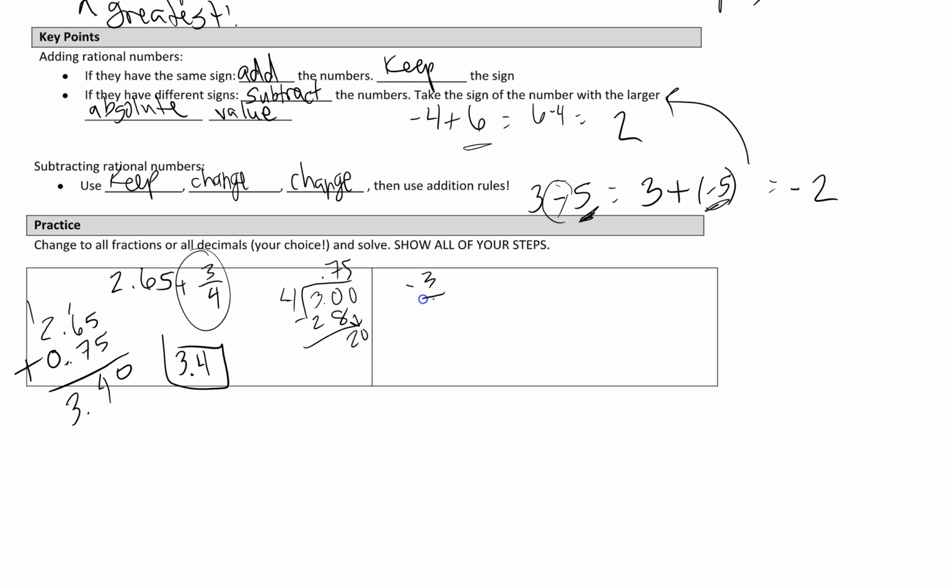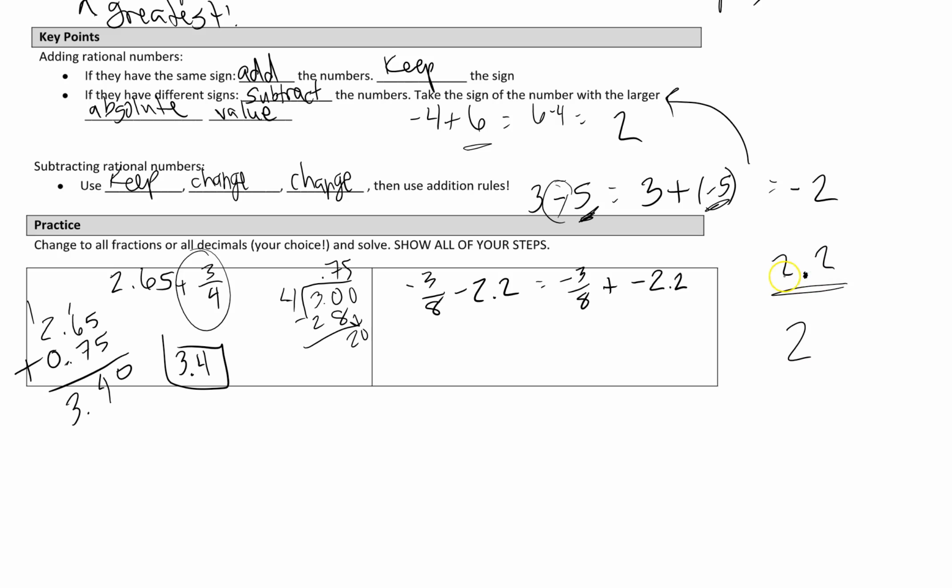So we have -3/8 minus 2.2. Very first thing I'm going to do, since I have subtraction, is I'm going to rewrite it as addition. So -3/8 plus -2.2. Now, since our last one we did as a decimal, let's do this one as a fraction. I like making decimals into fractions because all I have to do is say my number. I can say this number as 2.2, or I can say it using place value. 2 is a whole number, so I'm going to keep that at 2.